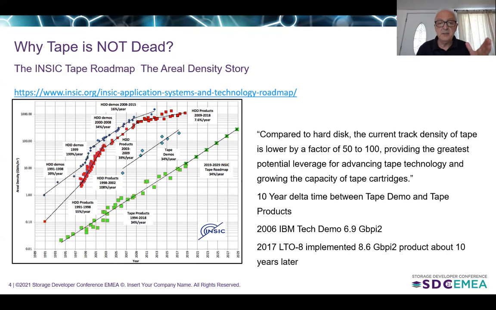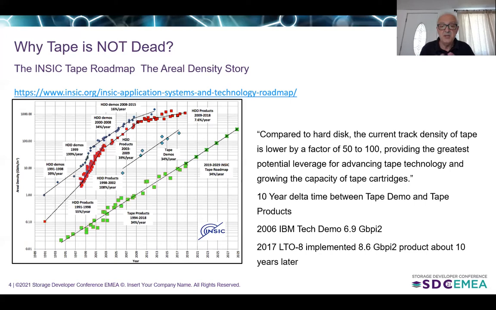The website is available for everyone, and you can find various information there, especially systems and applications and tape technology white papers. Part of that is a TCO paper, but then there is also this roadmap.